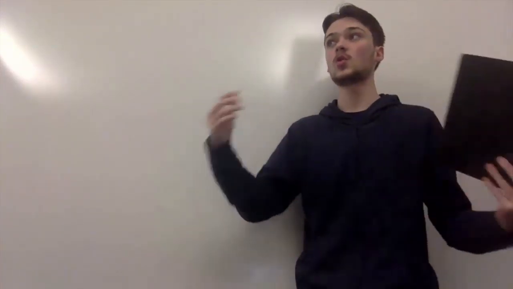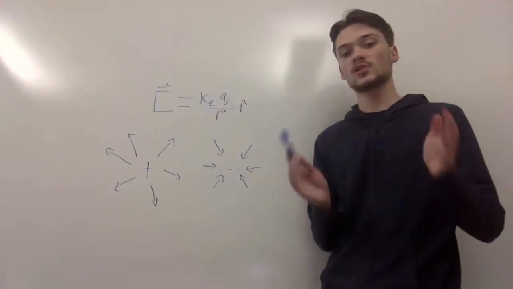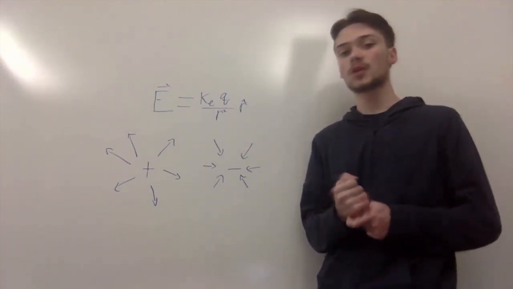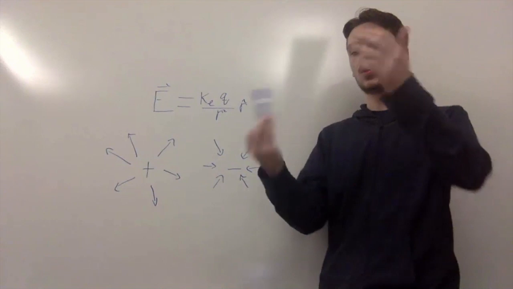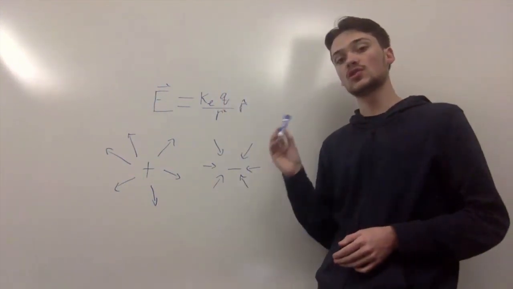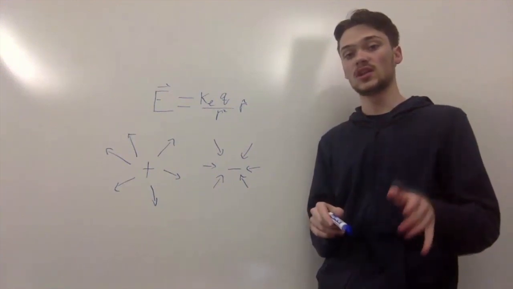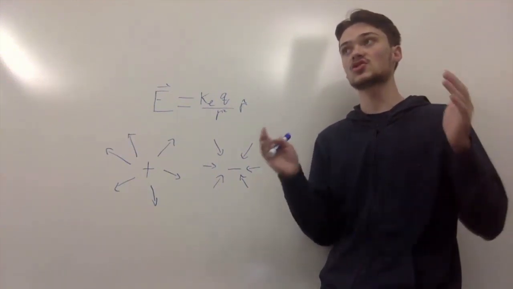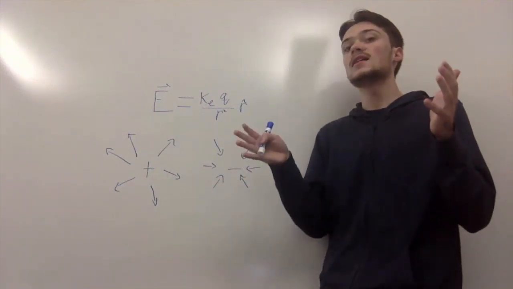But there's a way to generalize this relationship so we can quantify how much influence a single charged particle has over its surroundings. These are electric fields. They describe how much influence a charged particle has over a certain point out there. As you can see, the mathematical definition looks a lot like Coulomb's law, except one thing is missing. The charge of the second particle is missing because the charge of the second particle doesn't matter.